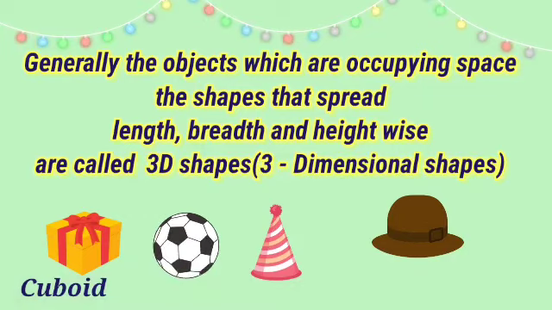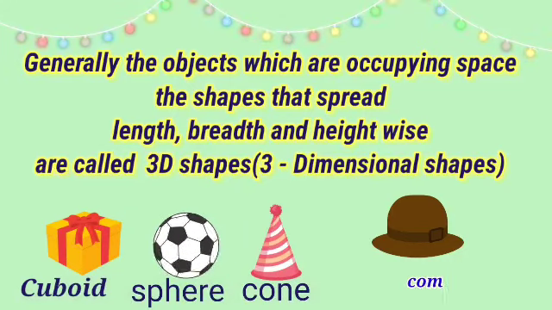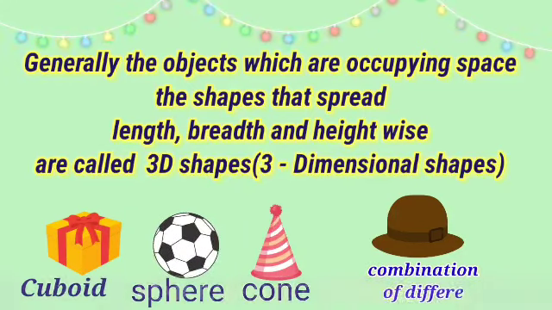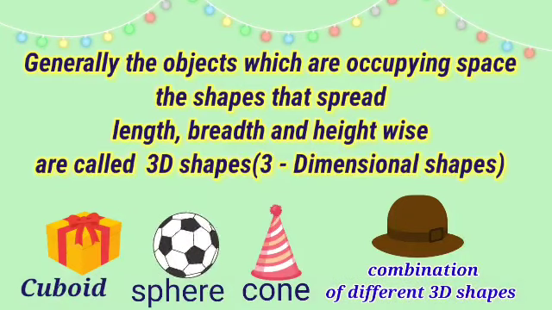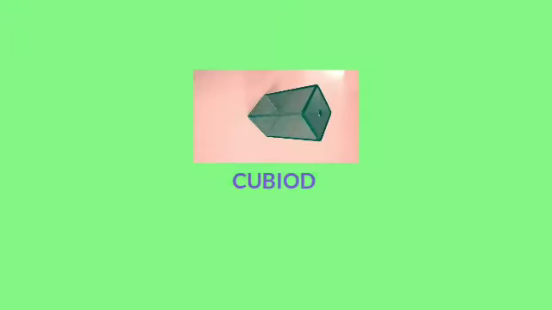Geometrically, the gift box is called cuboid, the ball sphere, and this cap cone, whereas the hat is a combination of different 3D shapes. It may contain annulus, cylinder, hemisphere together.